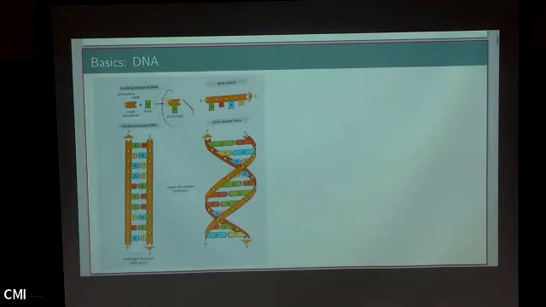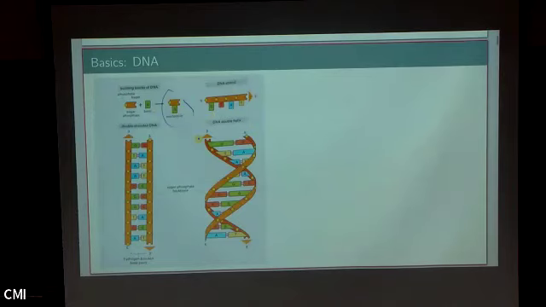The phosphate group can hybridize with what's called a hydroxyl group on this side, a 3' hydroxyl group. And that means that each strand of DNA actually has a direction. This is called the 5' end because it has a 5' phosphate group in it. This is called the 3' end because it has the 3' hydroxyl group in it. And the thing about these nucleotides is that they like each other in pairs.